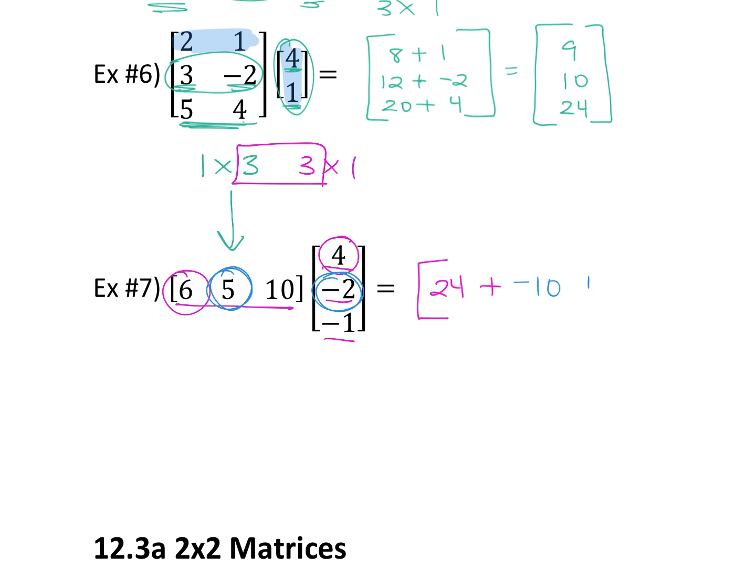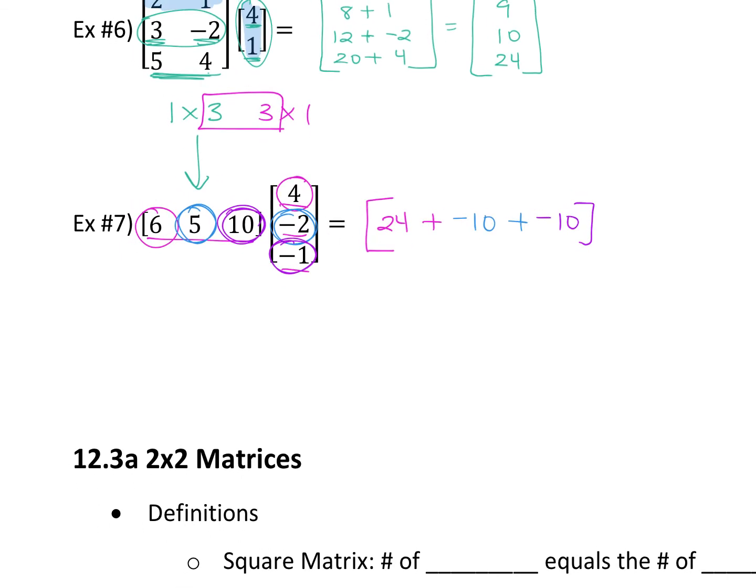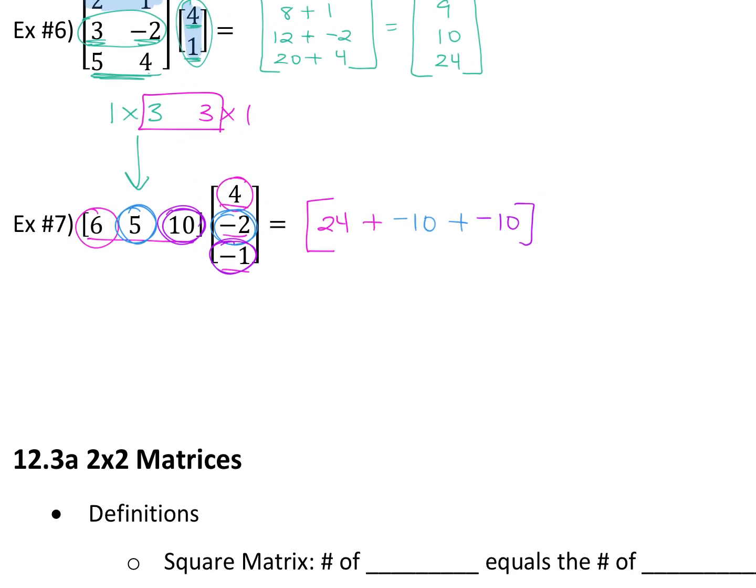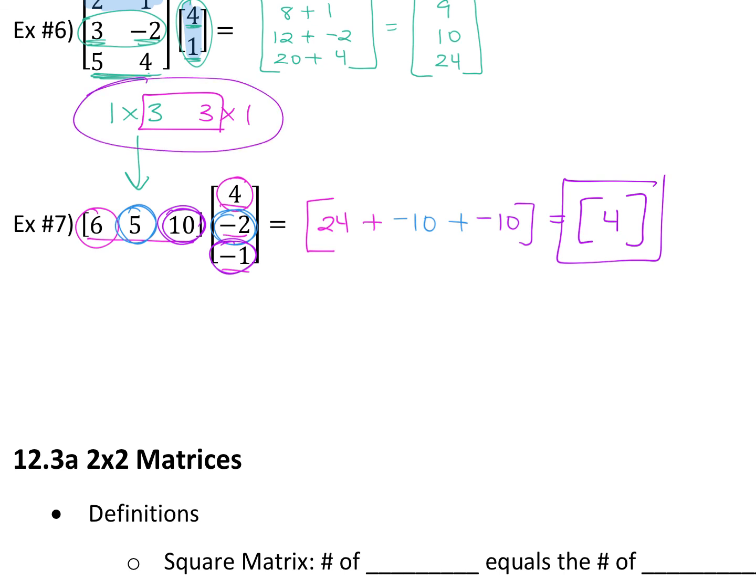So negative 10 plus 10 times negative 1, so negative 10. So 24 plus negative 10 plus negative 10, you get a matrix of 4. Okay, so just always double check this. Make sure you know my answer should be a 1 by 1. Oh no, I got a weird format. That's not a 1 by 1, so you can double check it. That's usually helpful. Any questions on that?